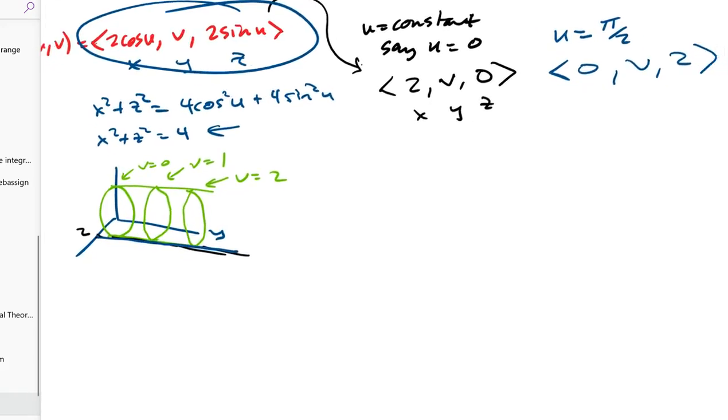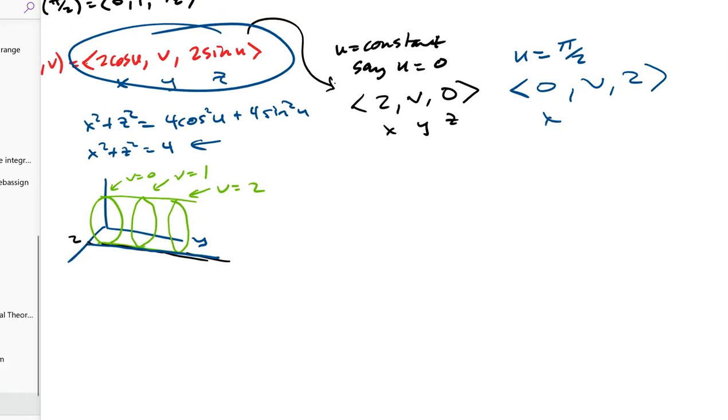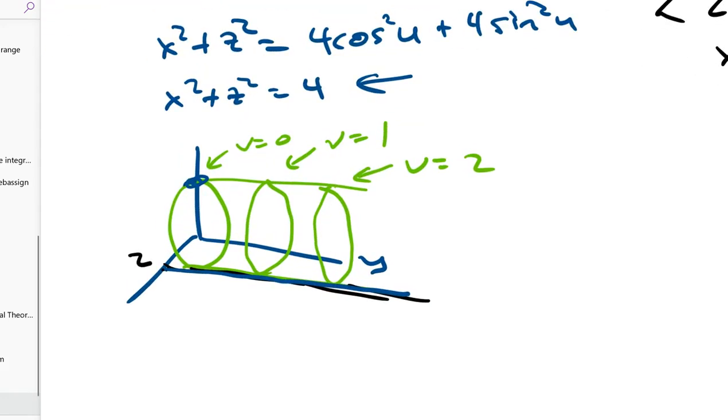So that's the line. So this is x is 0, y is v, all the values of v, and then z is 2. So z is always 2. Remember, this is a circle of radius 2, right? So when z is 2, that's here, and then y varies with v. So v is 1, v is 2, v is 3, v is 4, v is 5.